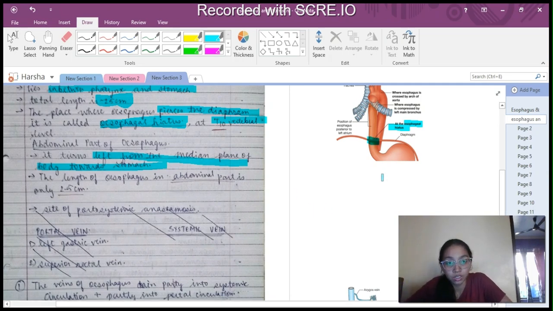Imagine this is the median plane of the body, and this is the mouth. From here it starts and takes a left turn like this. Clear? So this is how the esophagus is formed.